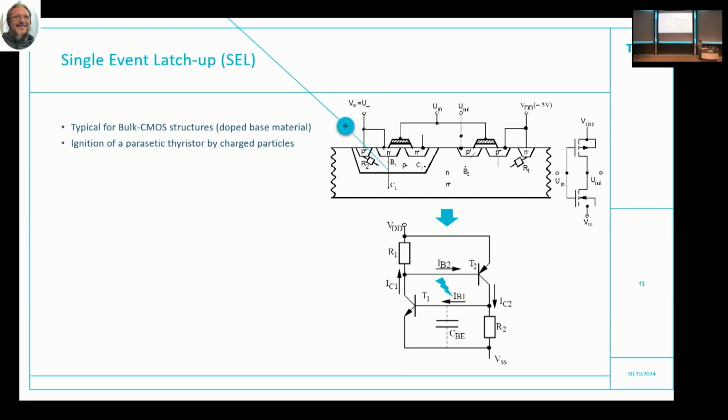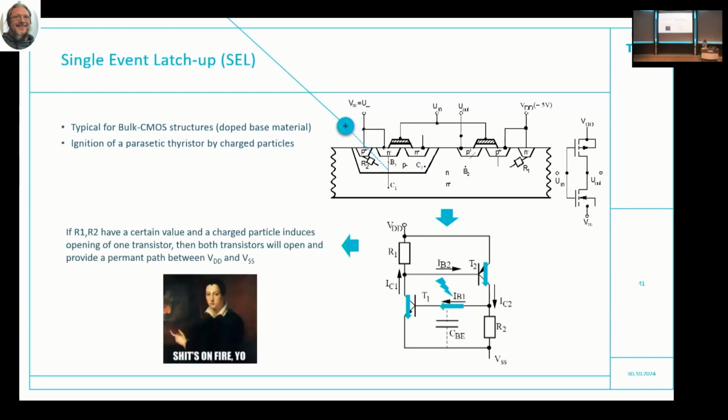We already know how a current is induced by particles. Firing this transistor leads to the effect that we will have here also a base current on this transistor. This transistor is also fired, and so we have a self-holding loop here. What it means is that in the end, we will have here a short between our VCC and our ground.